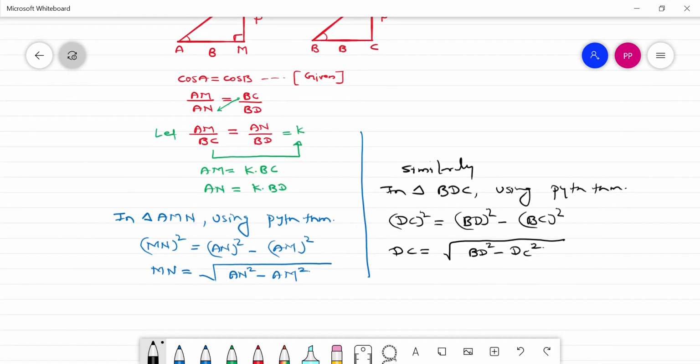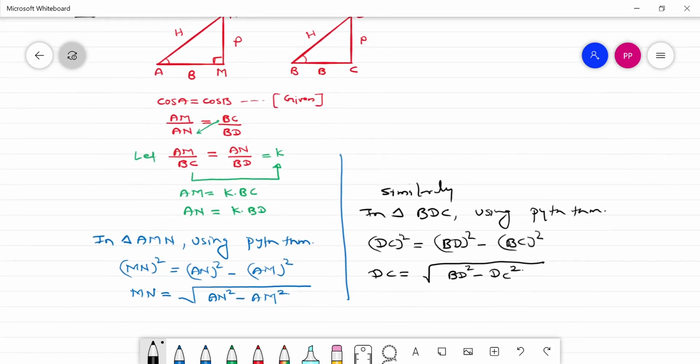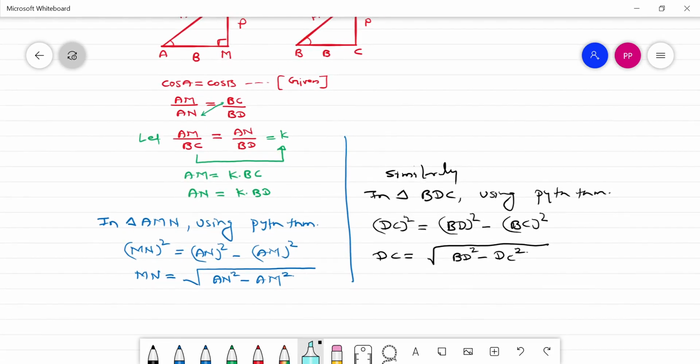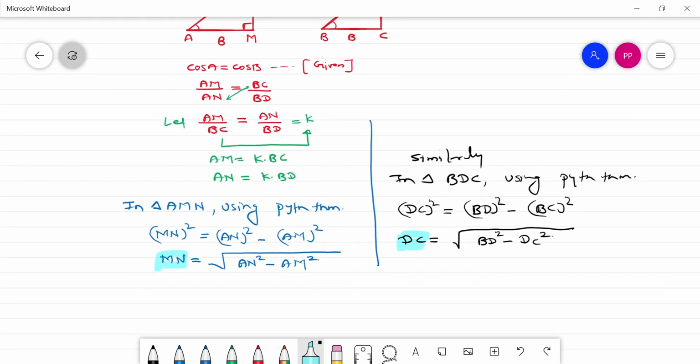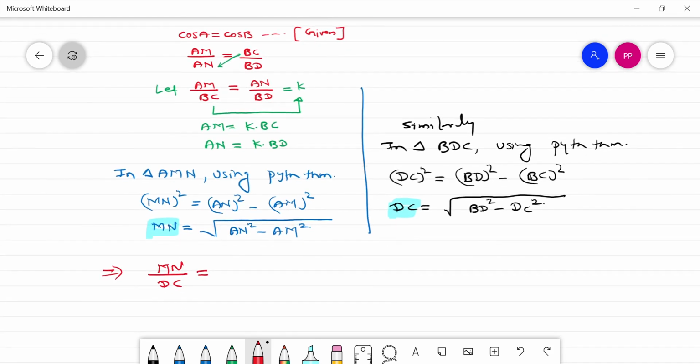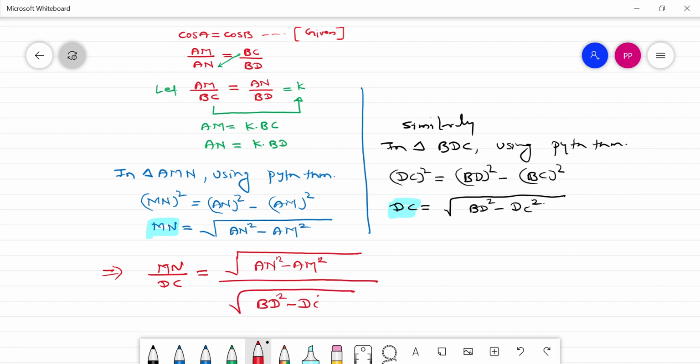Now we'll find out ratio of these two sides, that is MN and DC. So here we'll get MN upon DC. So that's equal to root of AN square minus AM square the whole divided by root of BD square minus BC square.